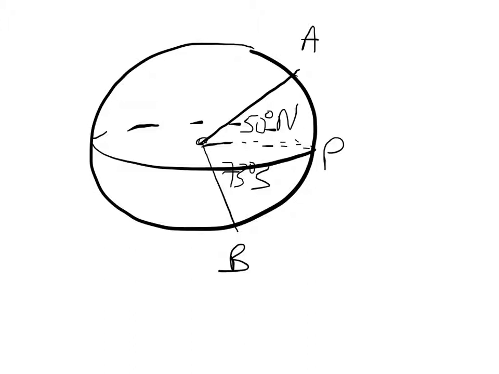Now, one of the applications that you're going to learn in this section, which is kind of cool, is latitude. If I say, for example, what is a point on the Earth's surface that's at 50 degrees north latitude?